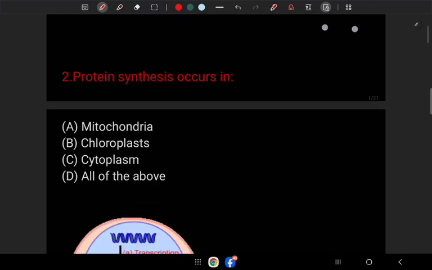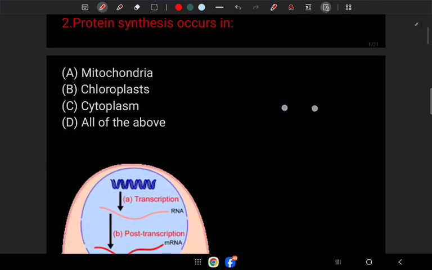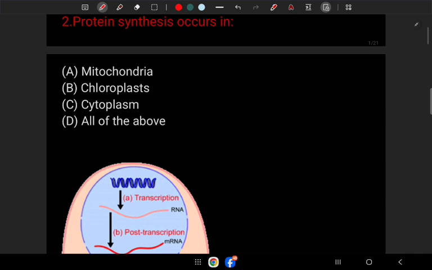Next question: protein synthesis occurs in mitochondria, chloroplast, cytoplasm, or all of the above. The correct option is cytoplasm.